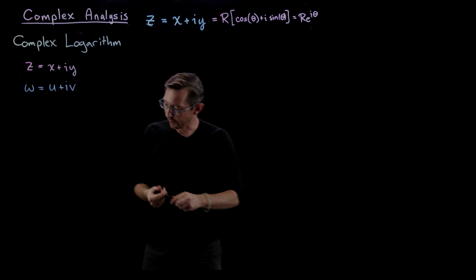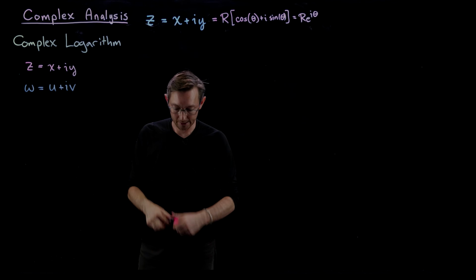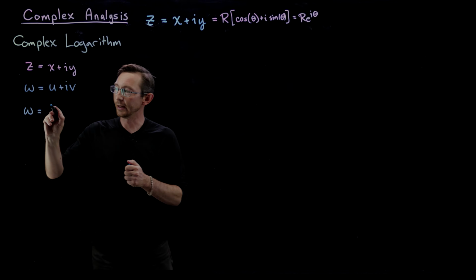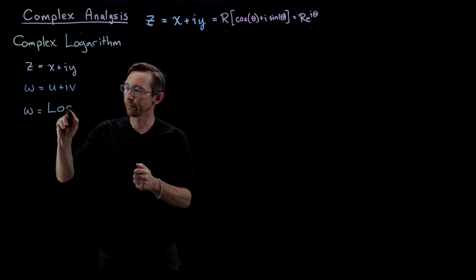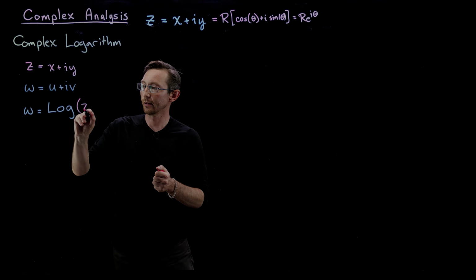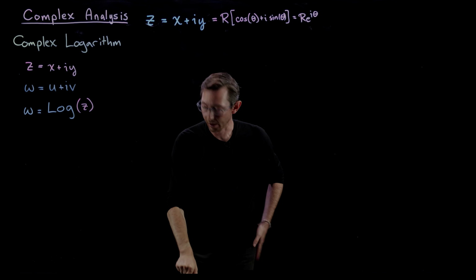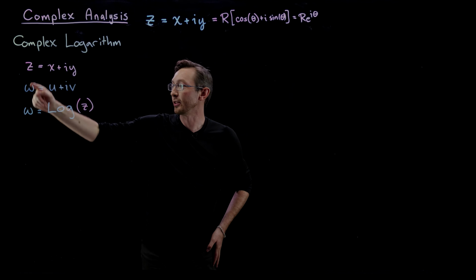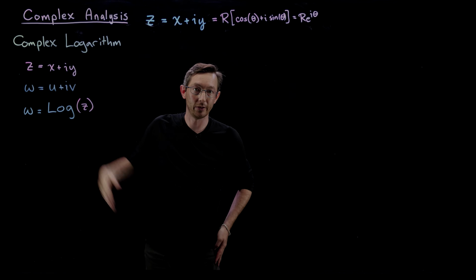Okay, and we're going to say essentially that w is going to equal the logarithm of my z variable. So we're going to take the logarithm of z, and the output of that logarithm is going to be this w variable.